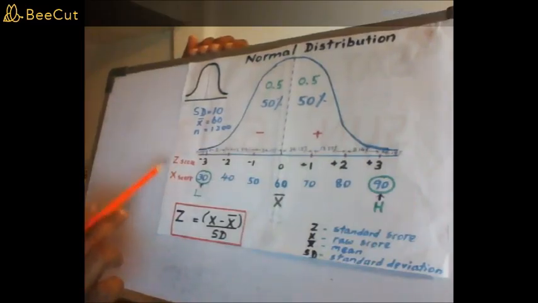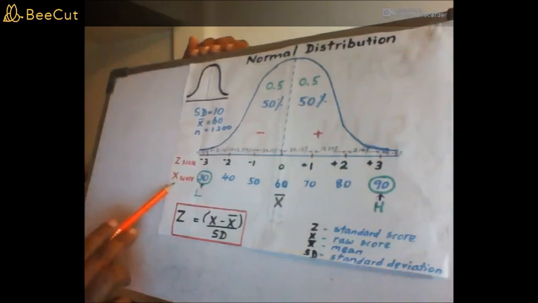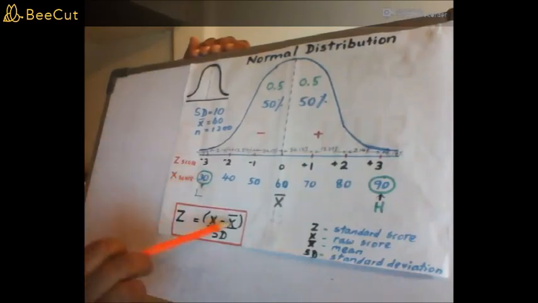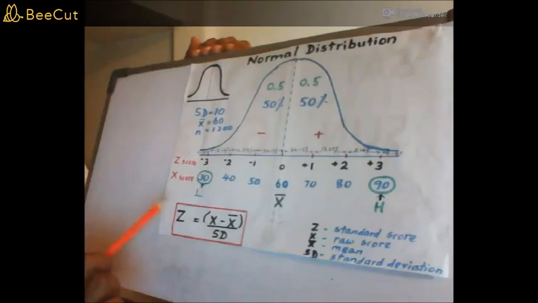Raw scores are there. From these scores, we can calculate the Z score. If we know the X bar, and if we know the standard deviation, and if we know a particular student's mark, then we can find the Z score. All right.